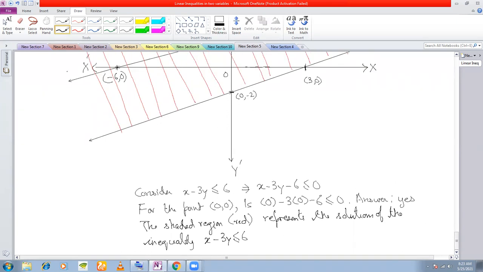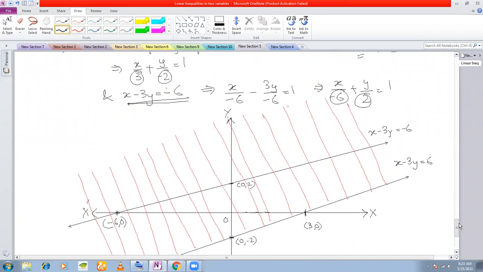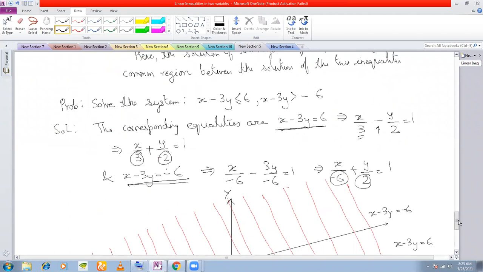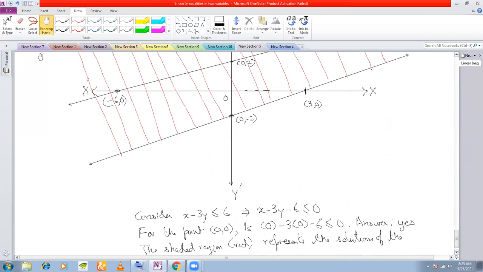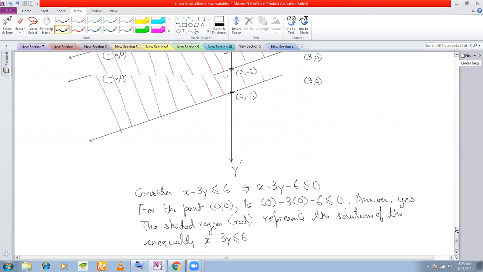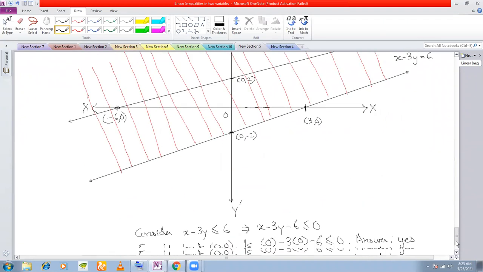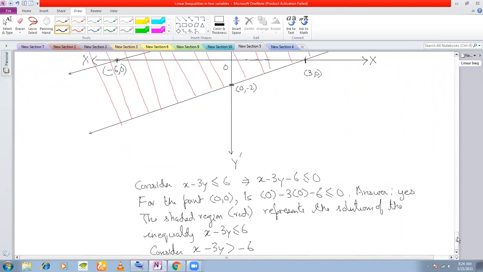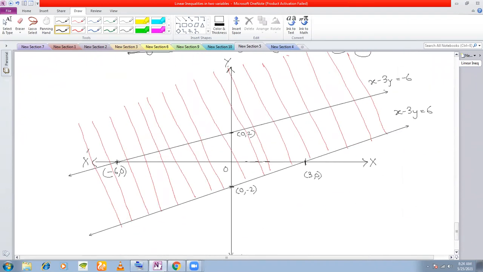Now consider the next one, which is x minus 3y greater than minus 6, right? Now again, this straight line is represented by this one. This straight line again has the origin side, non-origin side.